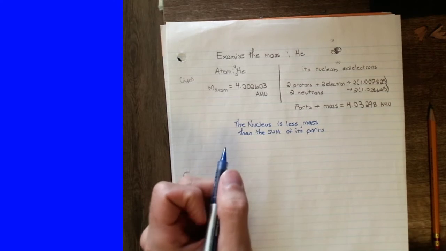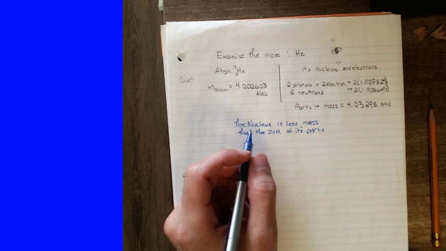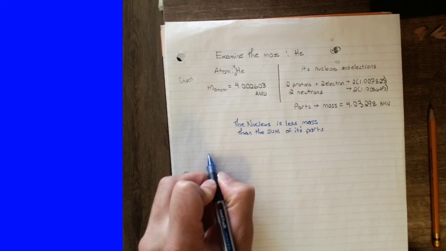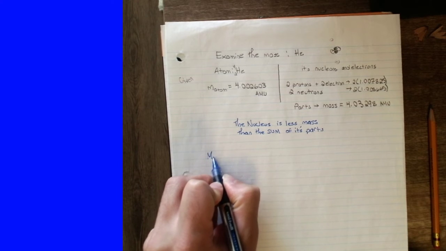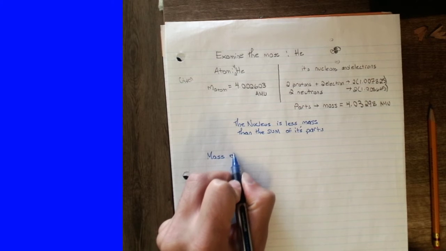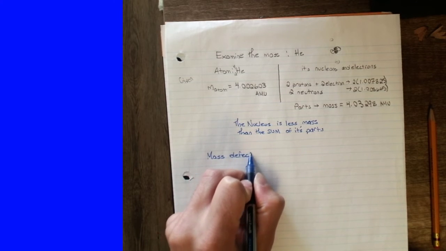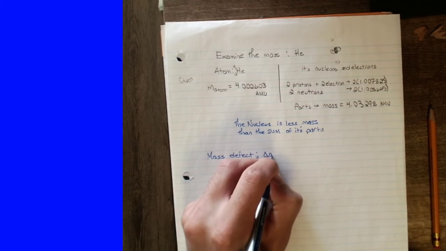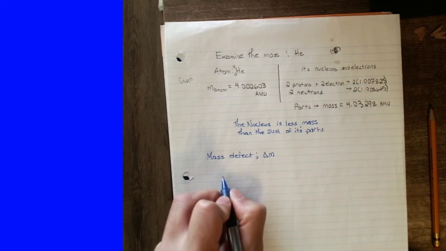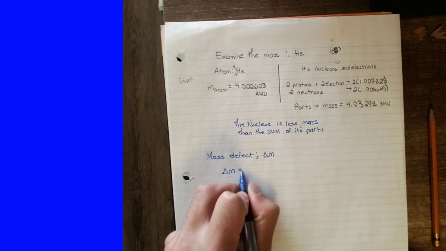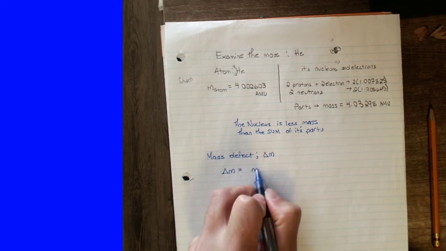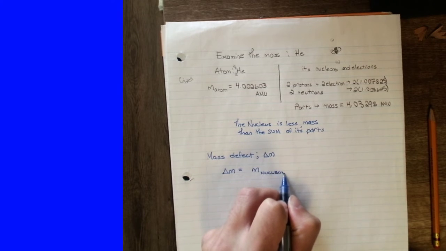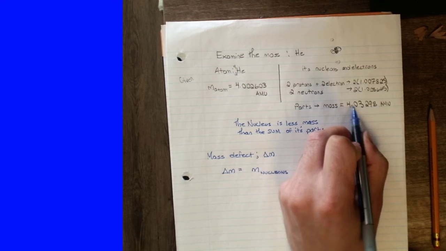Okay, and the fact that there seems to be a difference here is interesting, but this is referred to as the mass defect. Mass defect, known as delta M. So delta M is formally equal to the mass of all the nucleons, what I referred to as the mass of the parts.